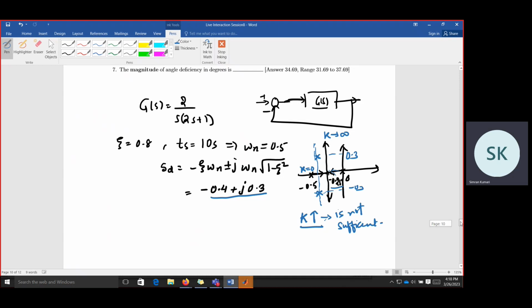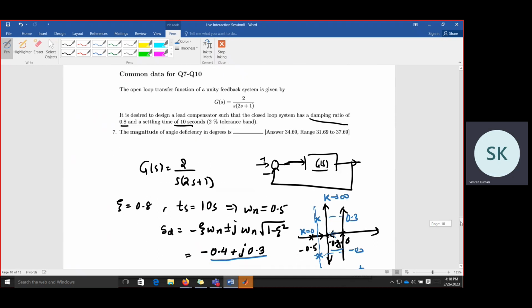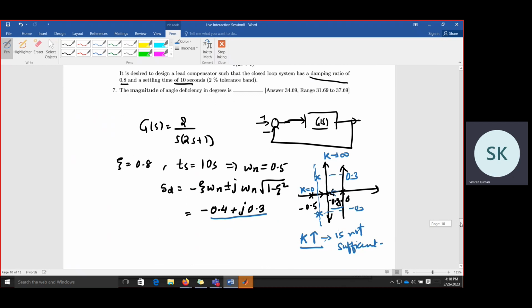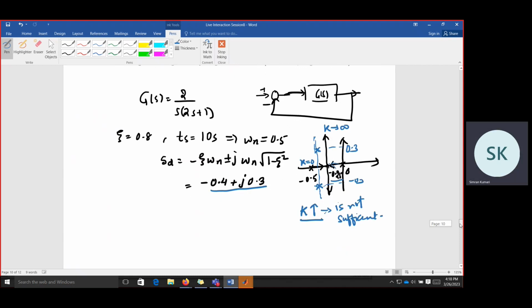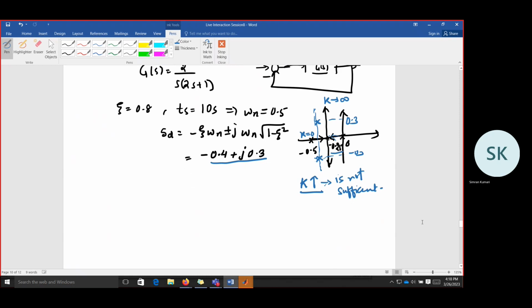So what we need to do is add a lead compensator basically. And for that, we first have to find the angle lead that is required. So this angle lead will be determined by G(s) at s equal to the desired pole. We'll just try to find it out.